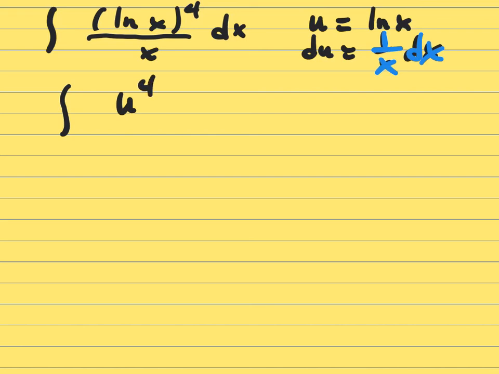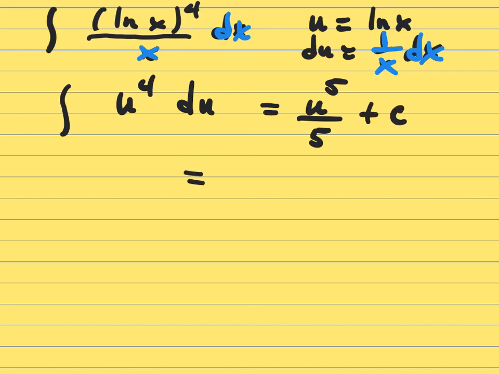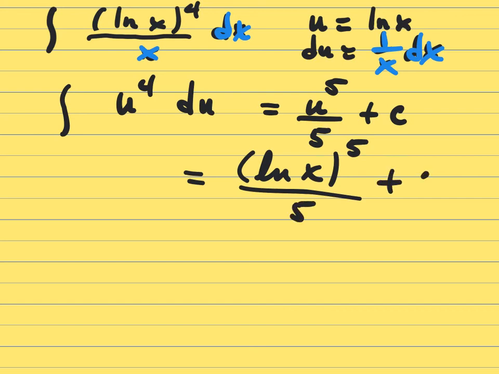X dx, specifically 1 over x dx, matches up beautifully, and we can call that du, giving us a straightforward antiderivative. And then we put the original term back in, natural log of x, all to the 5th power, divided by 5, plus c.